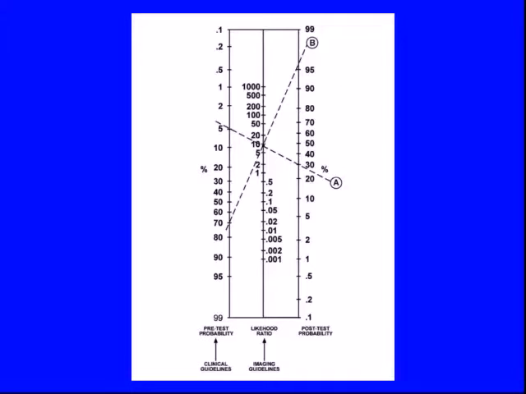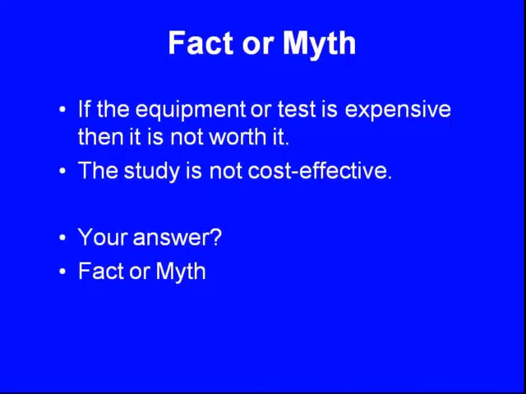So if someone has a probability of 20% of having something significant and has a very low likelihood ratio, it goes from 20% to less than 0.5%, 5 in 1,000. Those patients you can discharge and you can do the workup as an outpatient. There's nothing surgical, nothing major going on. So it's a very powerful tool as well when they're negative, when they have a very high sensitivity and specificity.